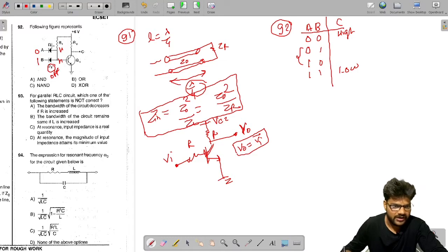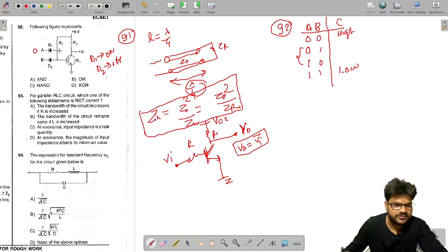This diode will be off, and D1 will be on, because its cathode terminal has lower voltage than its anode terminal. So D1 will be on and D2 will be off. Now this side will be open, and this is on, so this will be connected to low voltage. D1 is on, because we were giving 0 at D1, so this is 0.